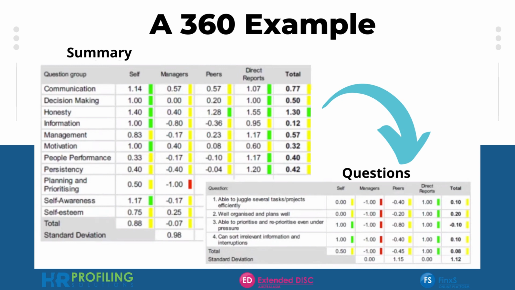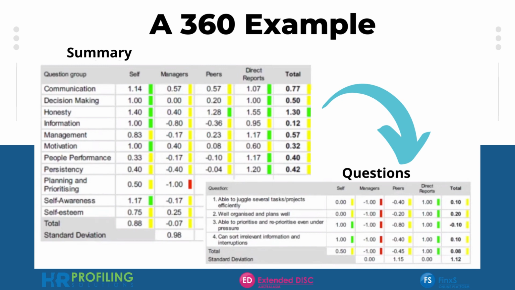You can see where the red is standing out, and you can see that that's a development area. So when I went into that subheading of questions, I could see that the manager, under all the questions, had marked the person as being poor, or under the average anyway.